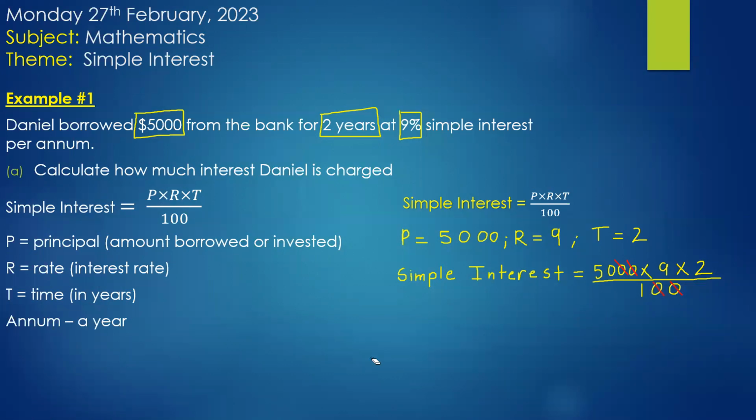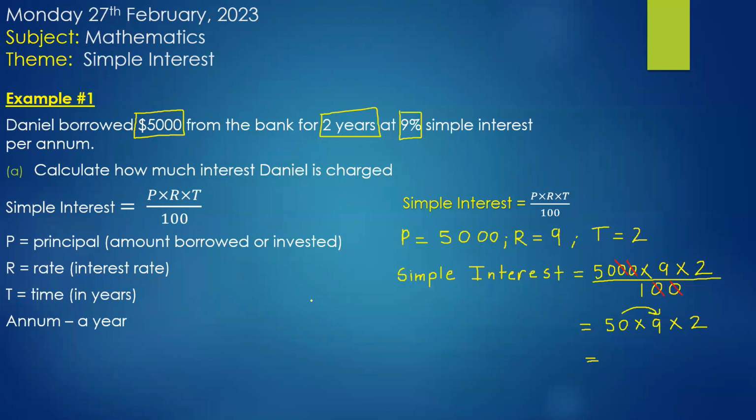So we have 50, because this is no longer 5,000, it's 50. So we have 50 multiplied by 9 multiplied by 2. I would suggest that you multiply the 50 and the 9 first.